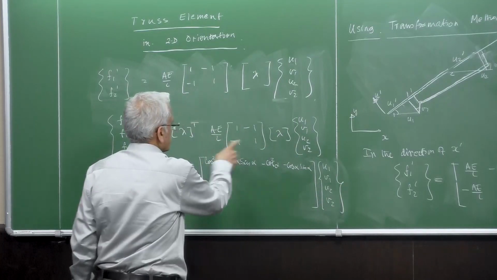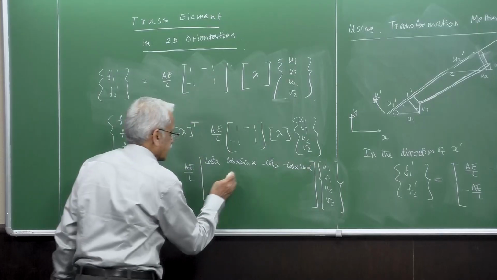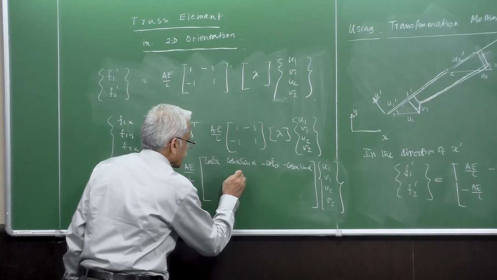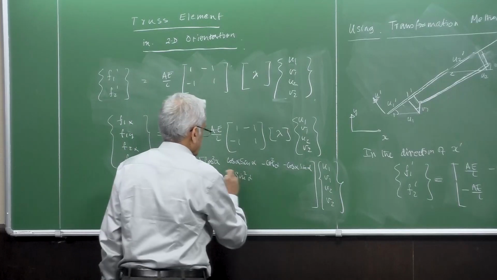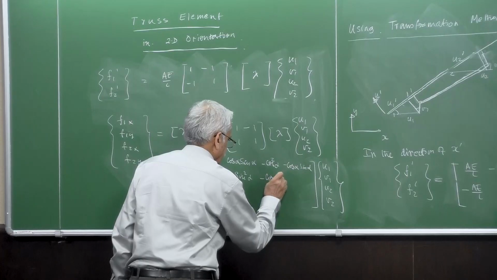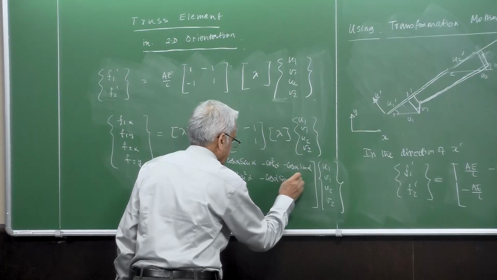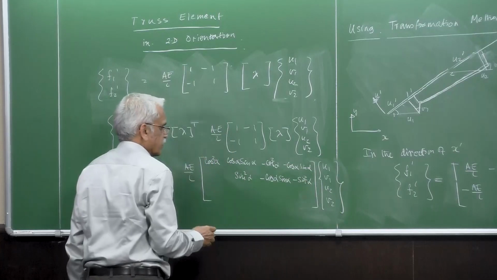If you do this multiplication, this is exactly what we get. Okay, I'll just write here only the upper triangular matrix, because we know that it is symmetric.